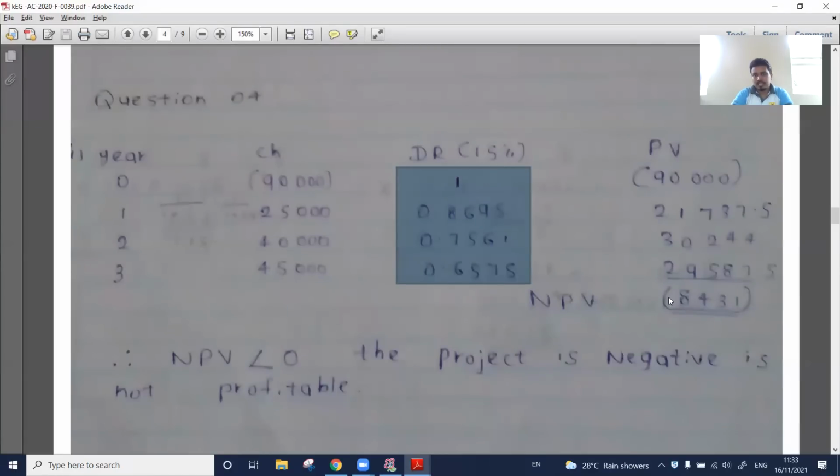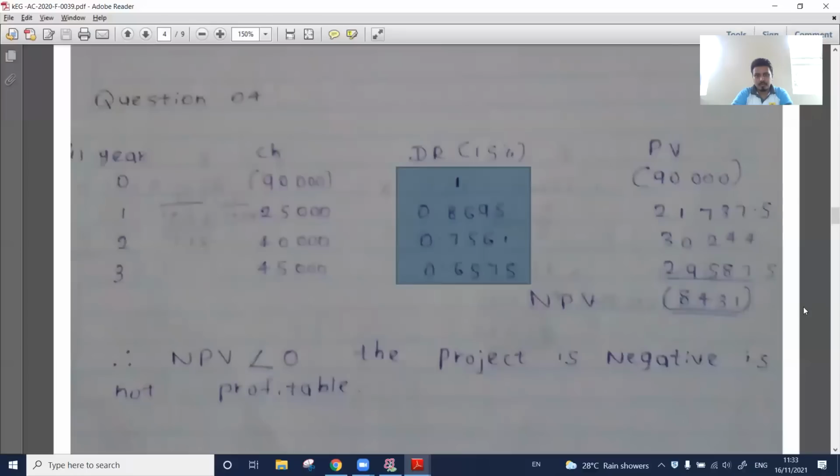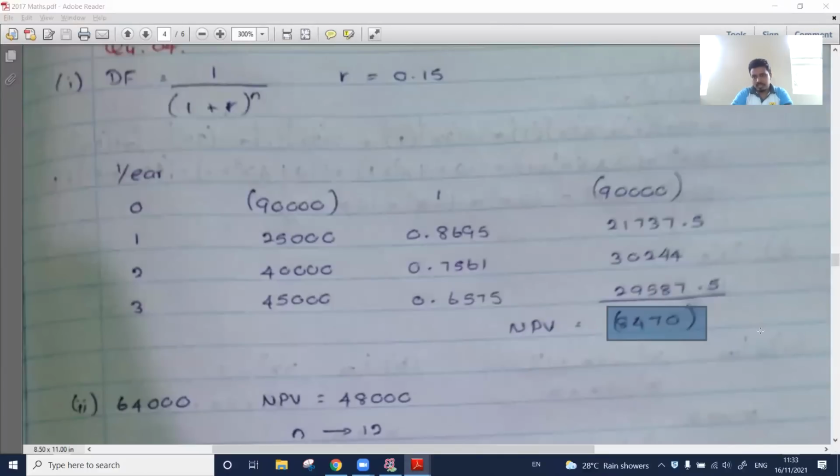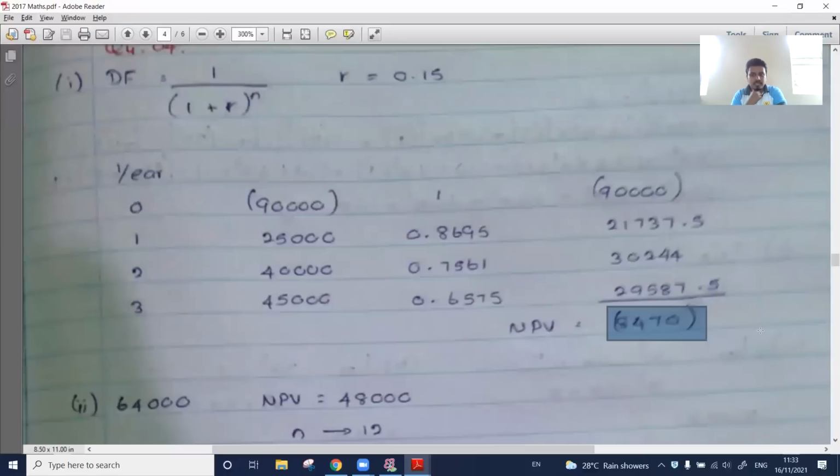So we should get a net present value of minus 8,470. Minus 8,421,030. What should be the correct NPV value? Is it minus 8,430 or minus 8,470?